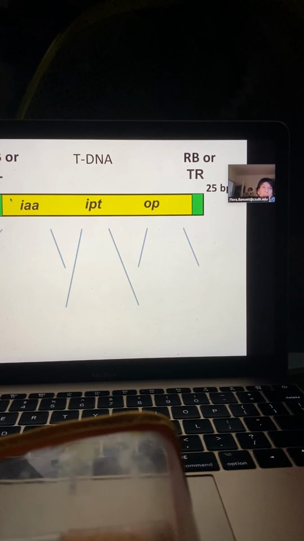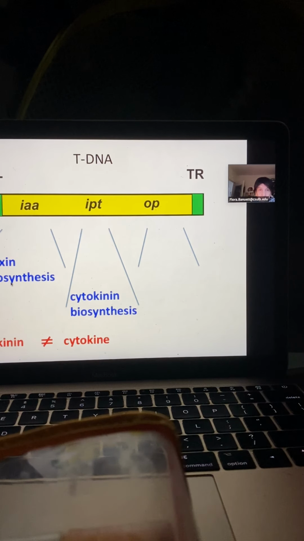Okay, so inside these repeats, you find this set of genes. There are multiple genes, and I'm going to tell you what they are. So IAA stands for auxin biosynthesis. IPT stands for cytokinin biosynthesis. Please pay attention.